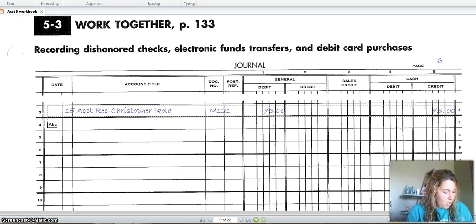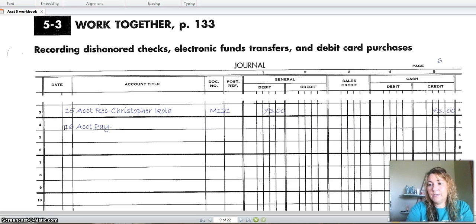Okay. On March the 16th, we paid cash on account to Spazoa Enterprises for $135 using electronic fund transfer, and this is memorandum number 122. So on the next line, this was the 16th. It is accounts payable because we are paying somebody that we owe.